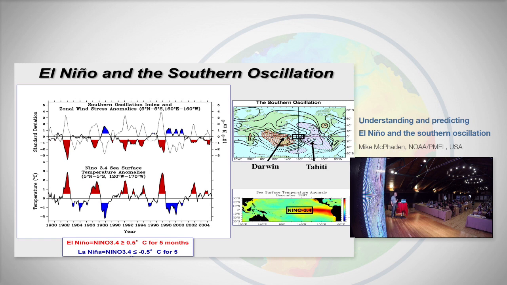And this is really a measure of the strength of the trade winds. So, for example, here, when the trades are strong, Tahiti pressure is higher than Darwin. You have negative wind anomalies in this region here where the gradient in the pressure is strong. Basically, this is stronger trade winds.